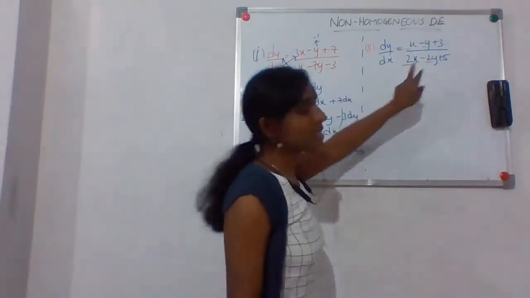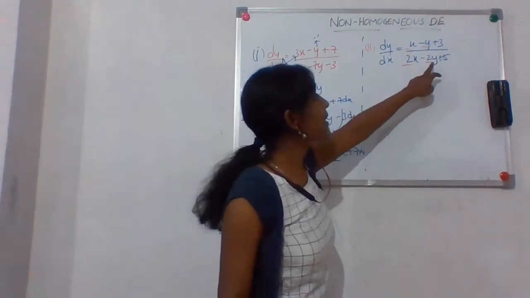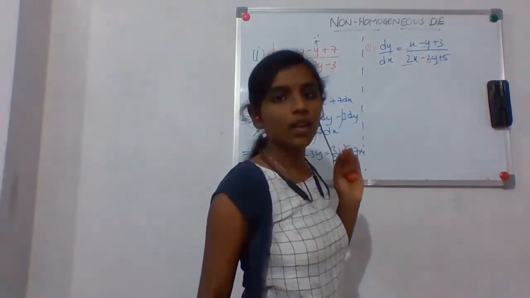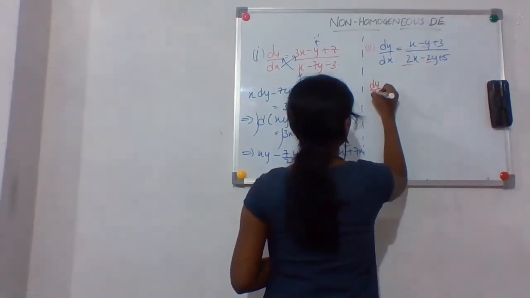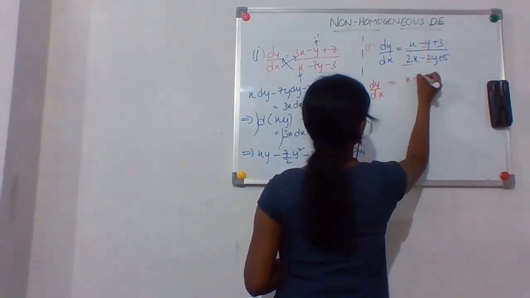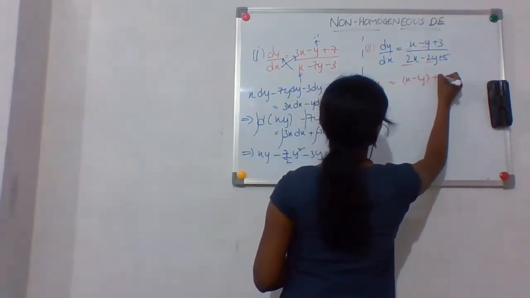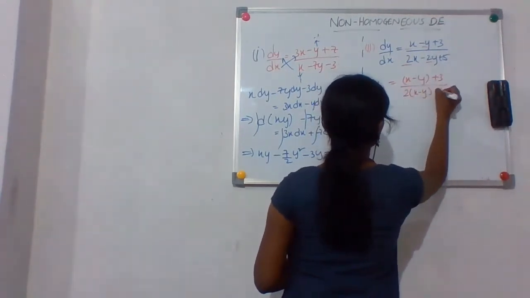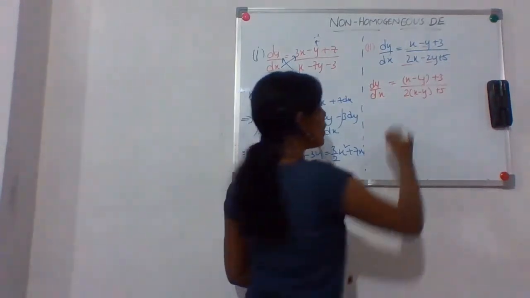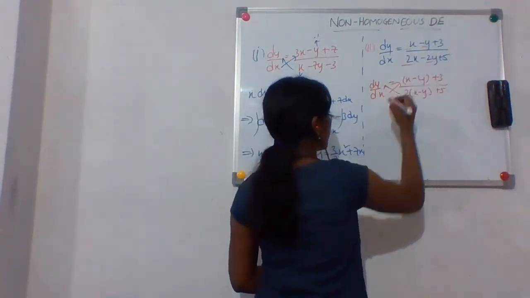So the first thing that we have to do is take this 2 common in the denominator below. So how do you do it? dy by dx is equal to (x minus y plus 3) divided by (2 into (x minus y) plus 5). Now I have to cross multiply.